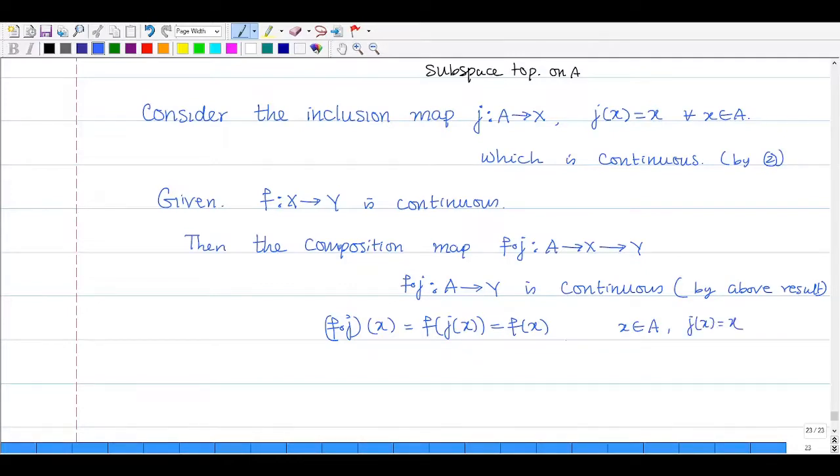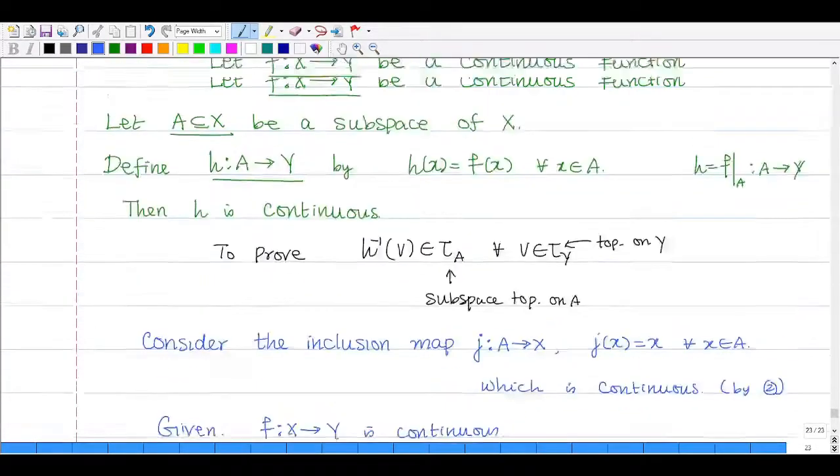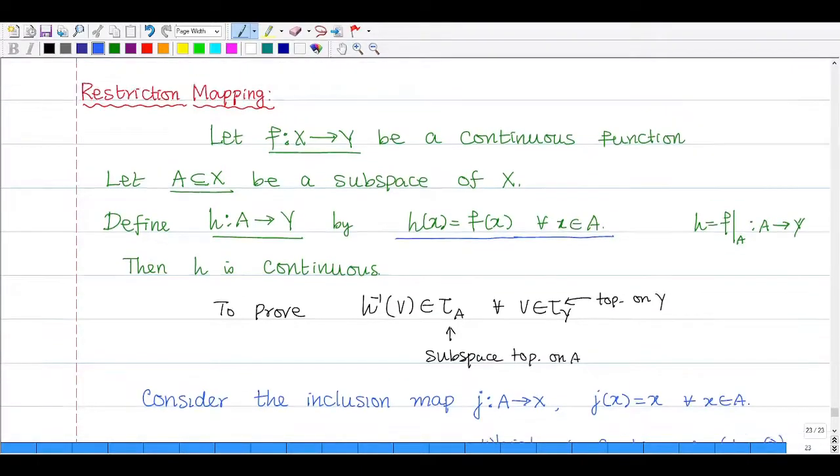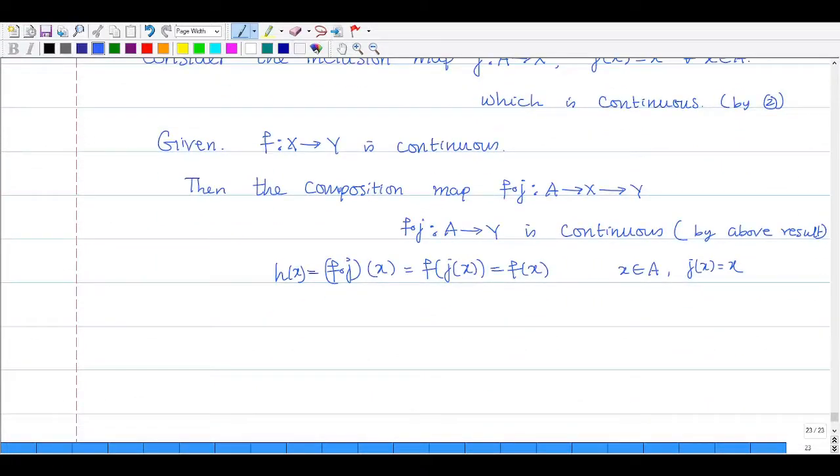Therefore this is your h of x: h of x equals f of x for every x belongs to A. Therefore this restriction map is continuous. This implies that the restriction map h is continuous.